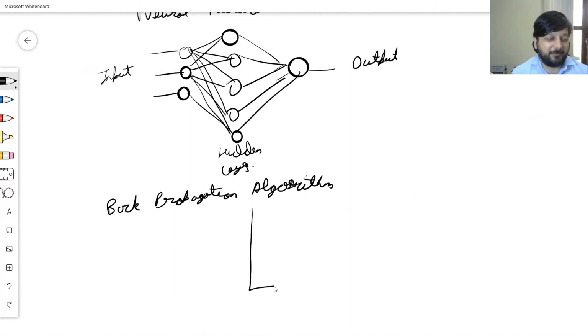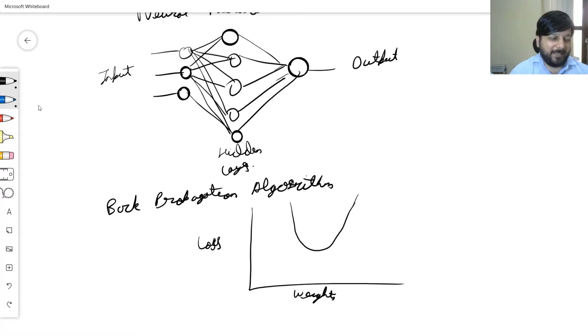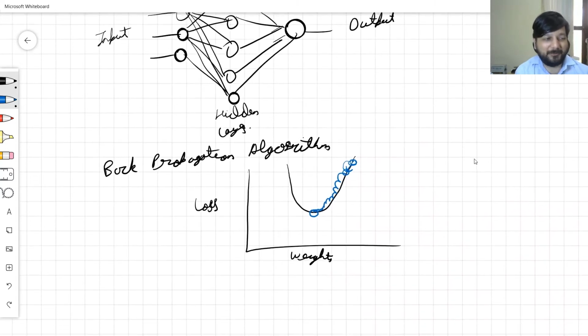If this is my weight space, I've got all the values of the weights over here with the loss function. At the start, I'm at any random configuration, say over here. This is the direction of the gradient, and I apply the correction in the same direction. So I move like this and I stop over here where the gradient is 0. That's the backpropagation algorithm.